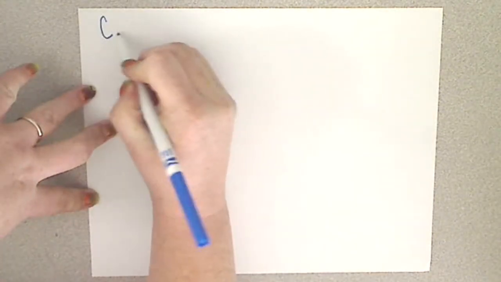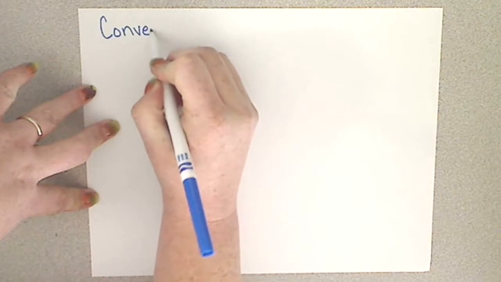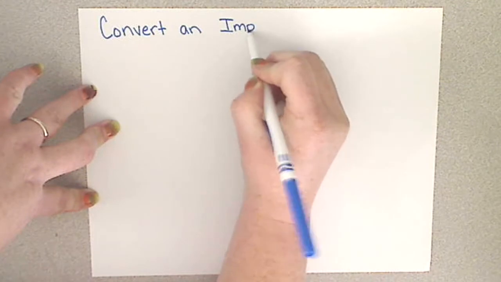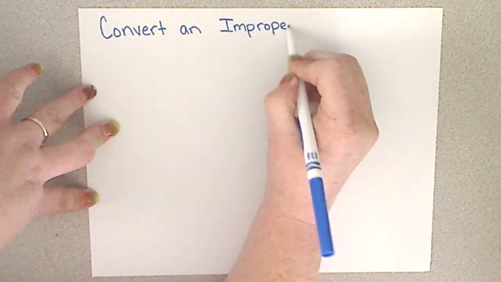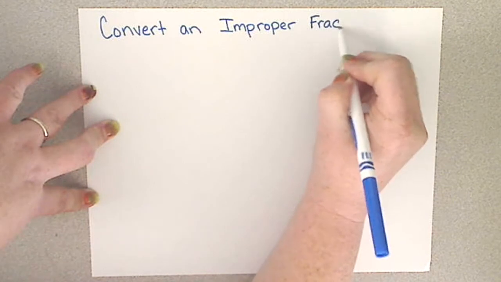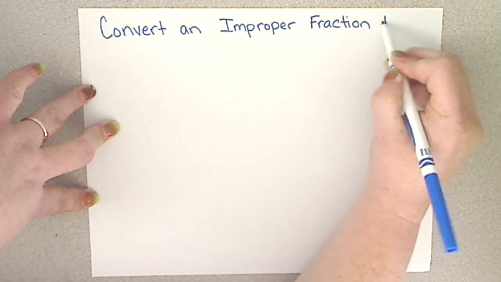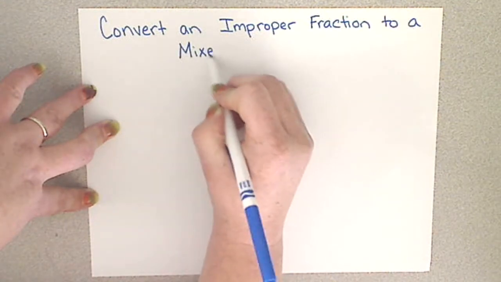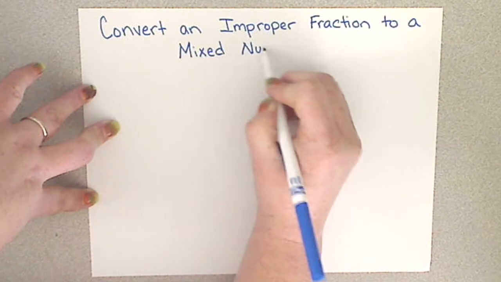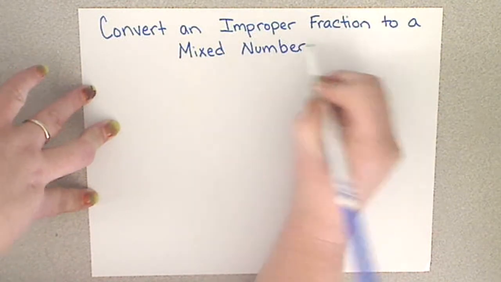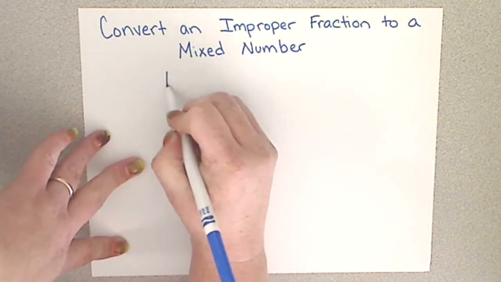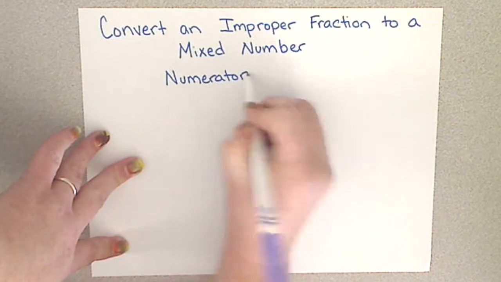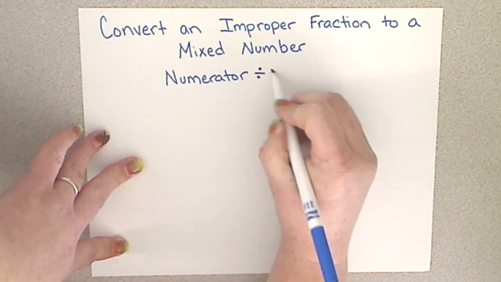To convert an improper fraction to a mixed number, we divide the numerator divided by the denominator.